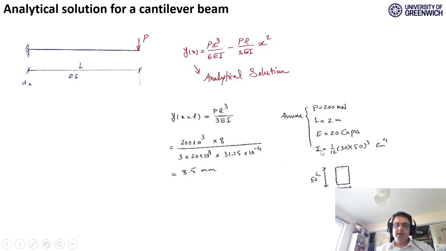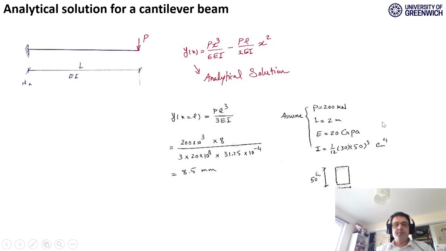For the I, I have assumed a concrete section with 30 centimeter by 50 centimeters height. So the I parameter will be 1 over 12 multiplied by 30 centimeter and 50 to the power 3.